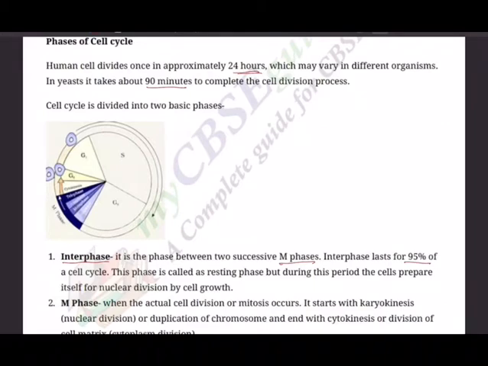This phase is called the resting phase, but during this period the cell prepares itself for nuclear division by cell growth. Of course, I should say that this term resting phase was used previously, but now everybody understands that it is a preparatory stage. Hence, it is very active.